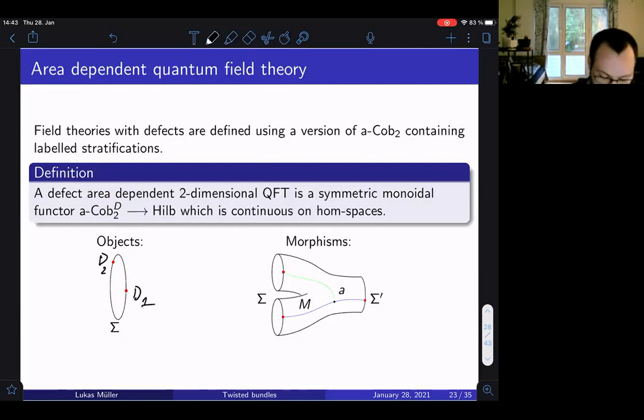And the morphisms are, again, bordisms, but now they come with a stratification. So there are some embedded submanifolds which might meet at some point, and everything carries labels. And then composition is again by gluing, and disjoint union is again by disjoint union. And the defect area-dependent field theory is just a functor out of this.